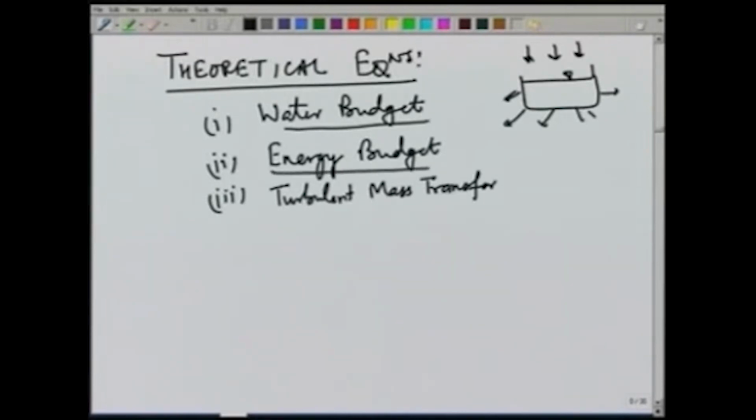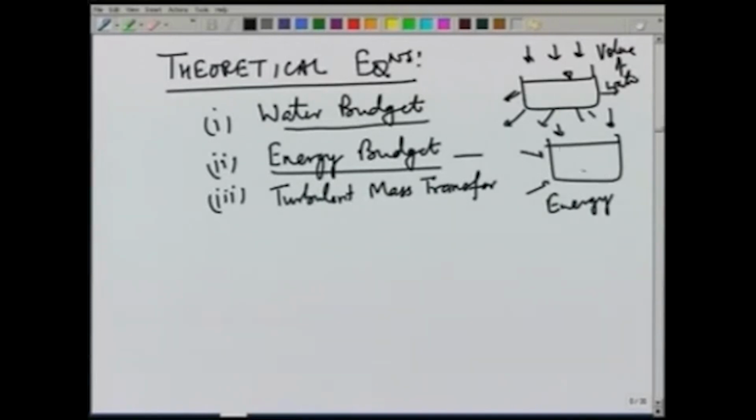In energy budget, we look at what is the energy which is coming. So, this was volume of water. Here we look at energy. So, what is the solar radiation on this body?